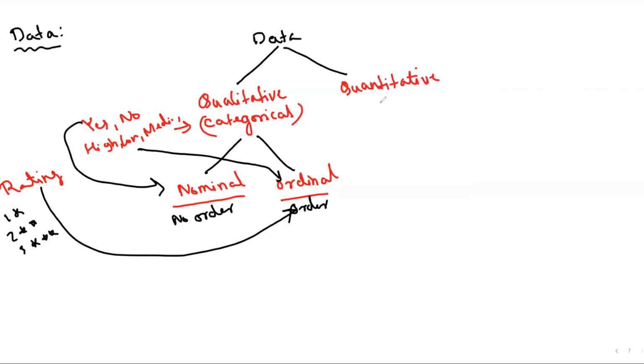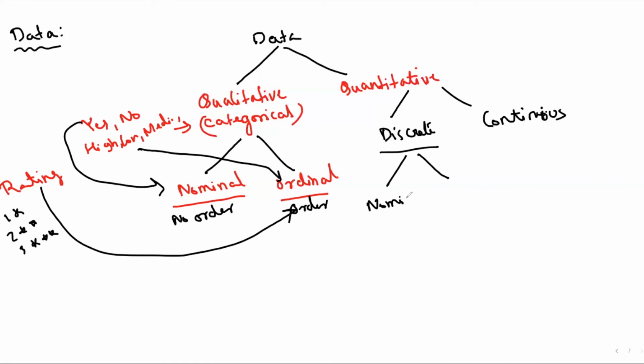Now, in quantitative also we have two categories. One is discrete and the other one is continuous. Discrete again can be subdivided into nominal and ordinal, like the categoricals.